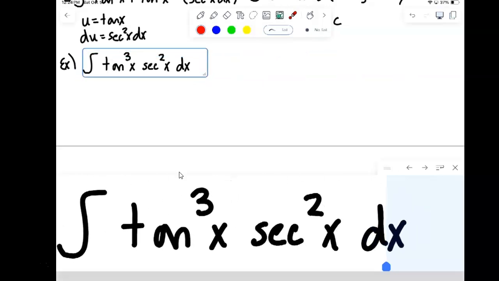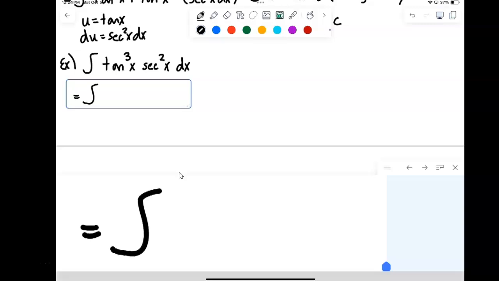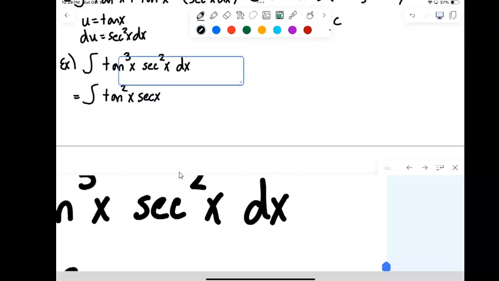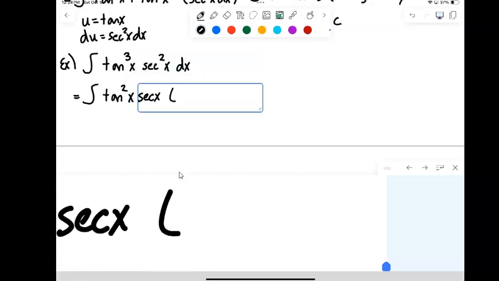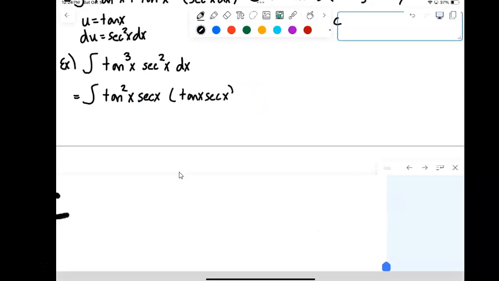Okay. So here I'm going to pull off a tangent secant as a factor, and then work with what I have left. So I have tangent squared x. So I'm taking a tangent away from the tangent cubed and a secant away from the secant. So I have tangent x secant x with my dx.